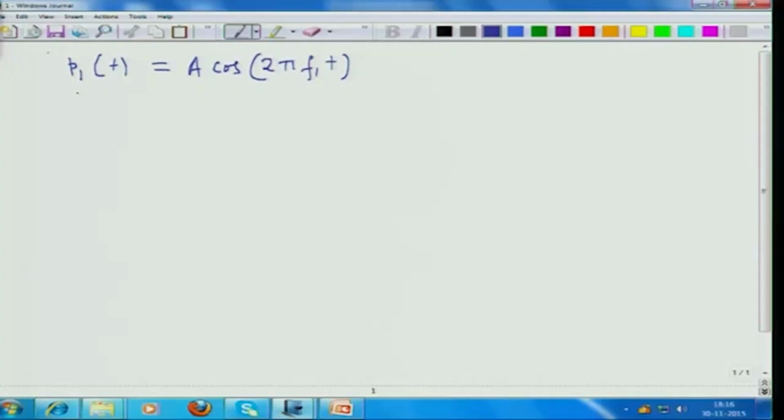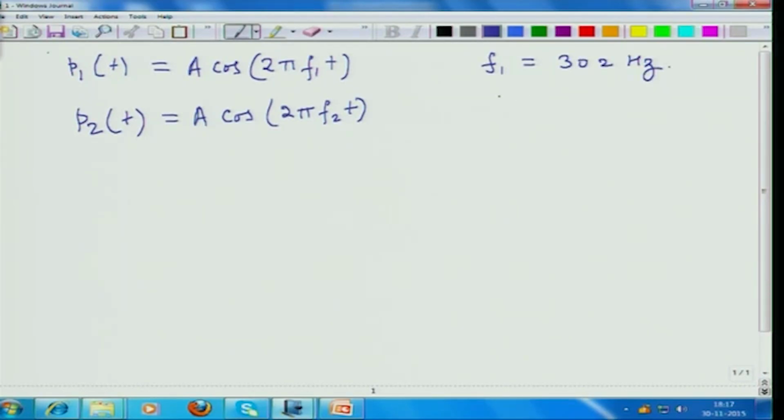Using this loudspeaker, I create some sound, and let's say the frequency is 302 hertz. And then I have another sound wave, and that sound wave also has the same amplitude, but it has a somewhat different frequency, f2. So I'm generating two sound waves. So let's say my f1 equals 302 hertz and f2 equals 300 hertz.